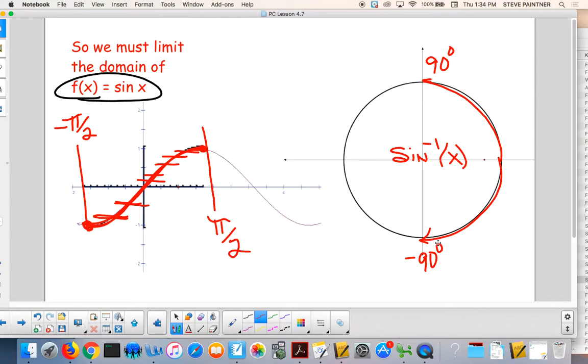I restricted your domain. When you give me answers for inverse sine, you can only go up to what? 90. You can't say 91. You can't say 92. You can go to negative 90. You can't say negative 91, 92, 93. Doesn't work. Anything between positive 90 and negative 90. Or how about this? Positive pi over 2 or what? Yeah. That is inverse sine. That's your domain. So I'm going to write that down for you. That's domain.